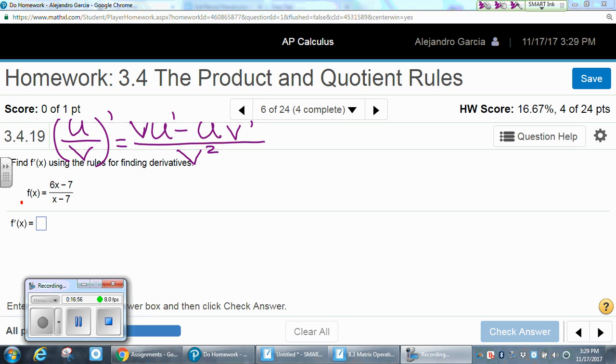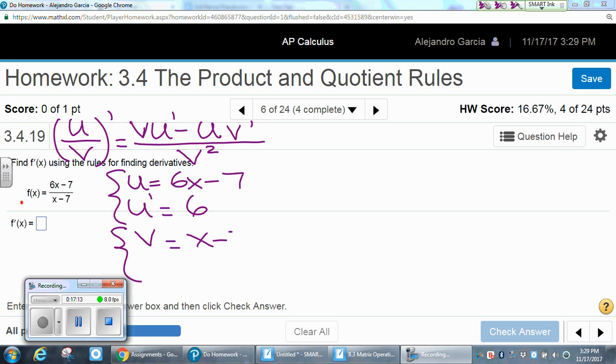So let's assign here. u will be the numerator 6x minus 7. u prime will be 6. Then v is x minus 7, and v prime will be 1.